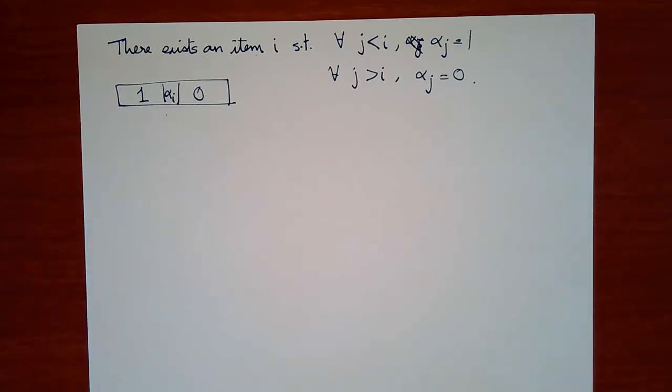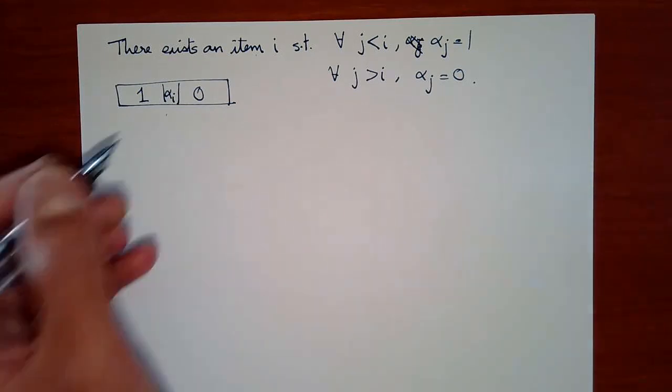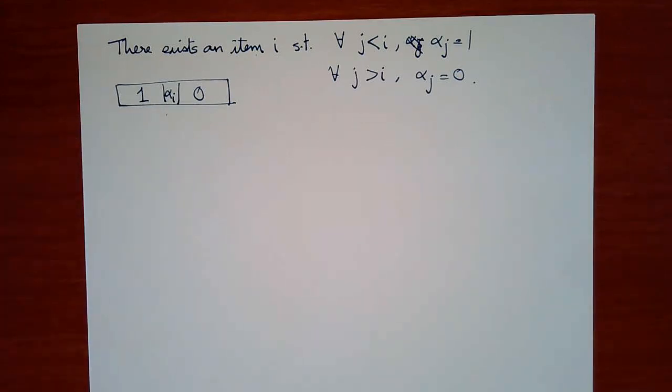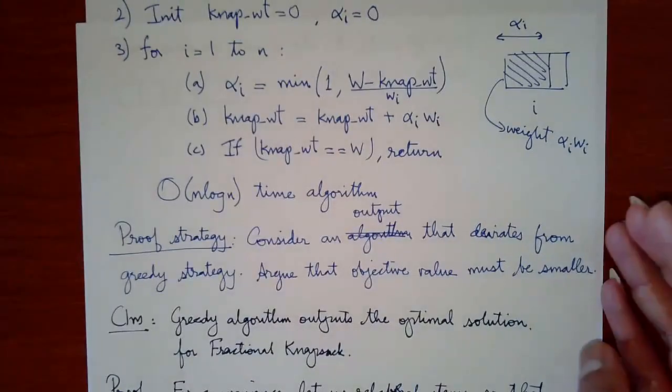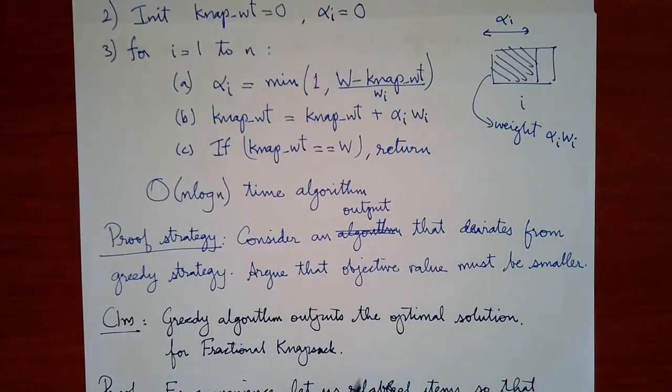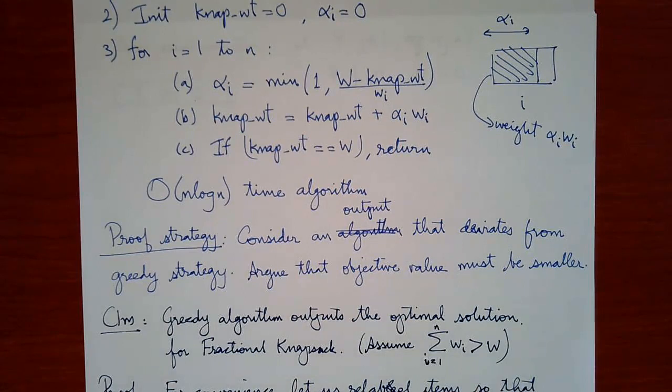Now, furthermore, I will make some simplifying assumptions in the proof to make things easier. We'll assume that the summation of all the weights is strictly greater than W, because if that's less than W, then it's obvious.